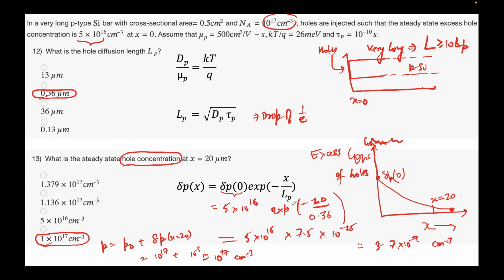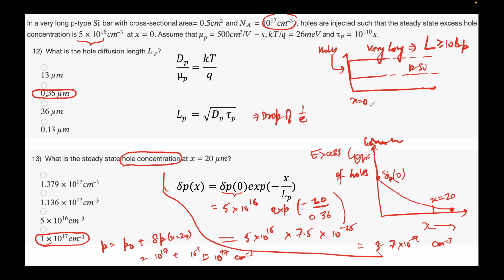So we saw that this is the expression, and we determined that it comes out to be of the order of 3 into 10 to the power minus 9. But there is already a background concentration p naught, which is 10 to the power 17. So the total concentration will naturally be only the background.